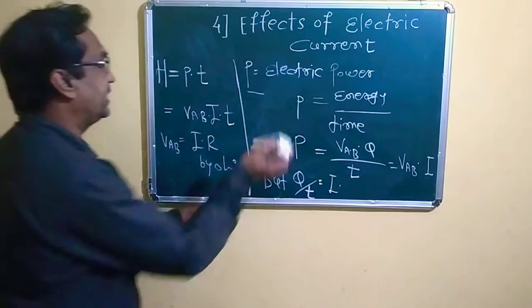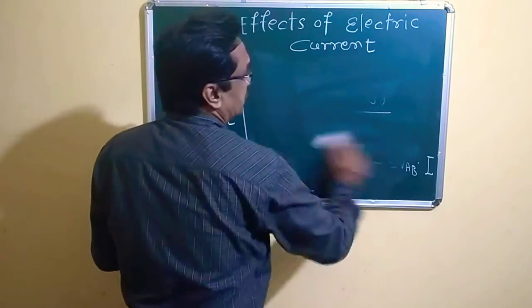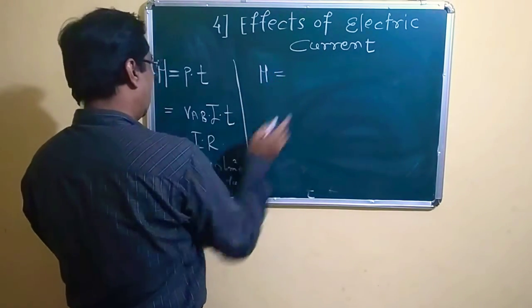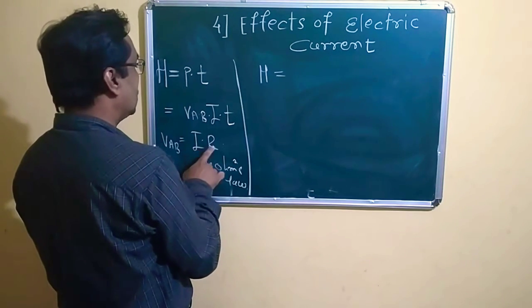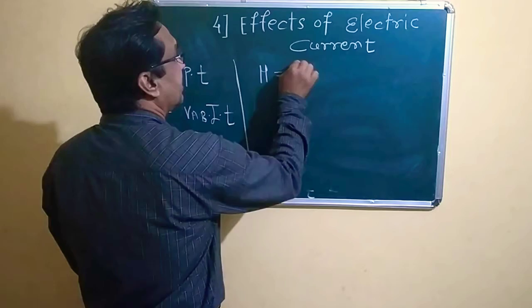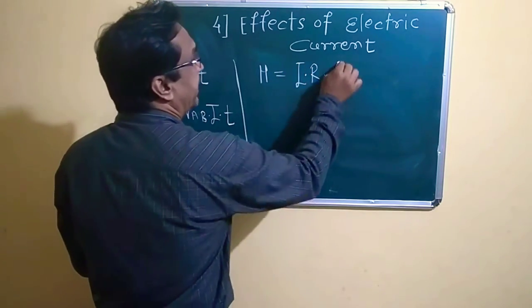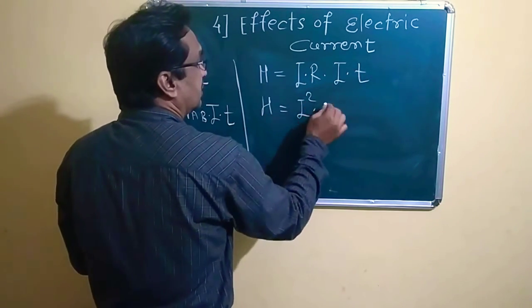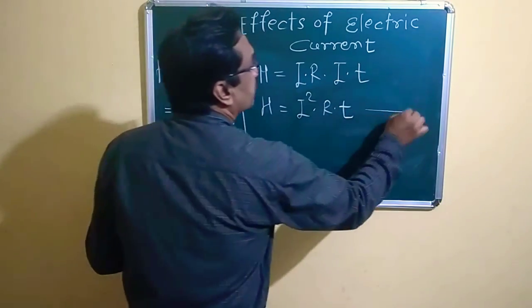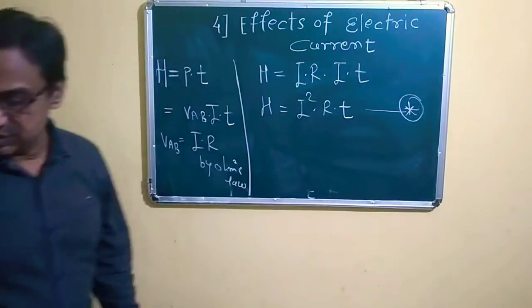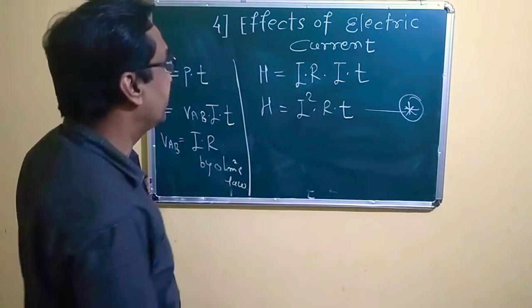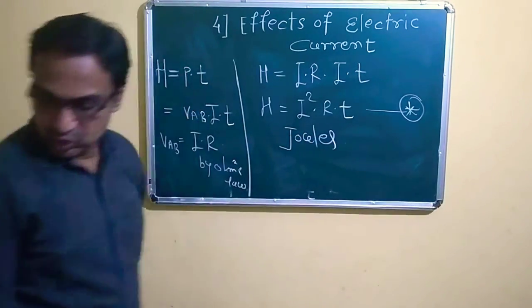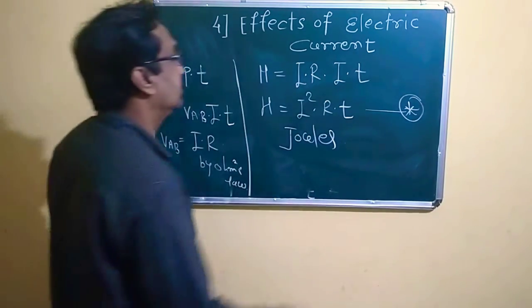We substitute VAB is equal to IR in the above equation: I into R into I into T. So H is equal to I square R into T, and this is nothing but Joule's law of heating.